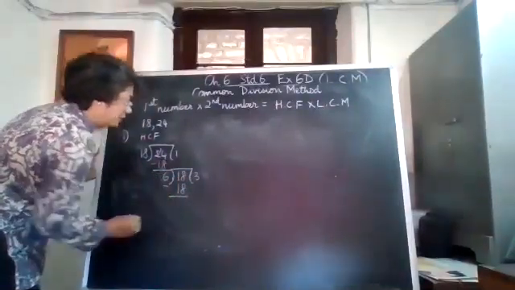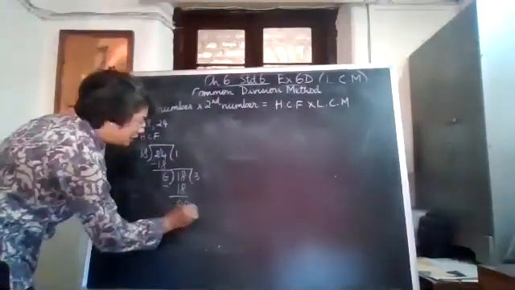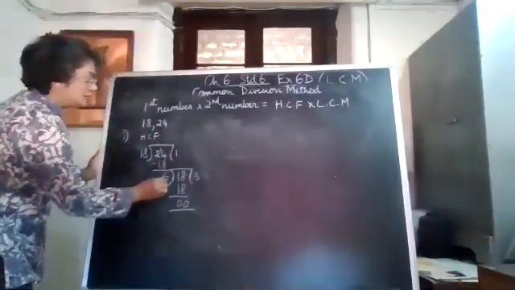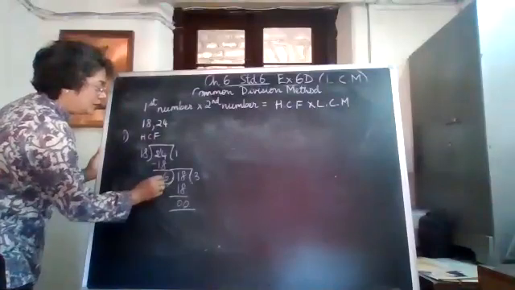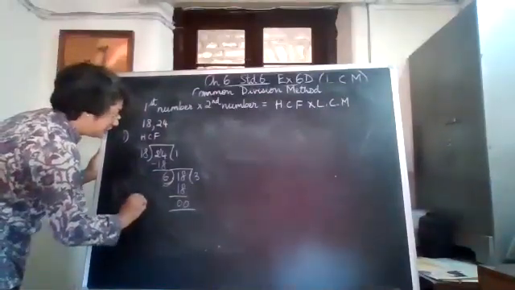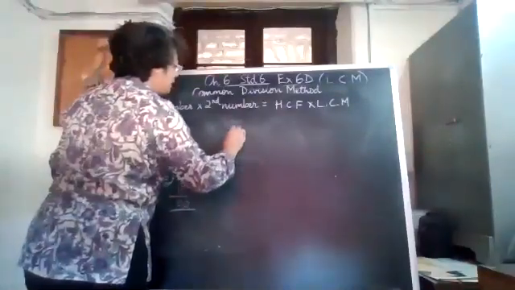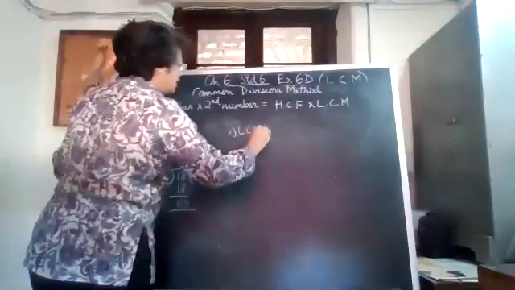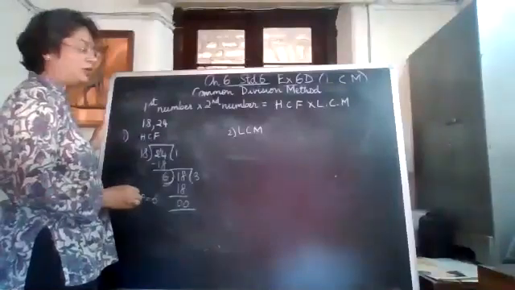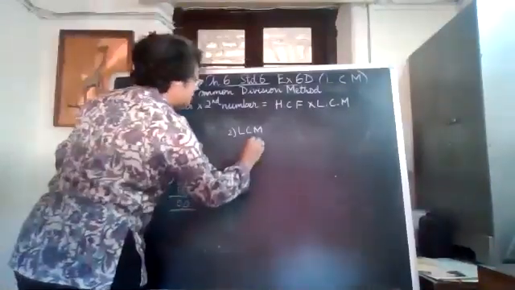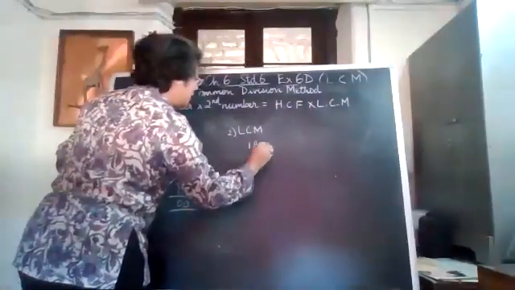This is the long division method. The last divisor will be the HCF. So your HCF is how much? 6. Now we are finding out the LCM. In the LCM, we are using the common division method. So 18 and 24.